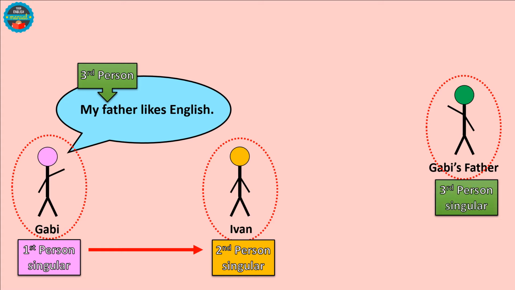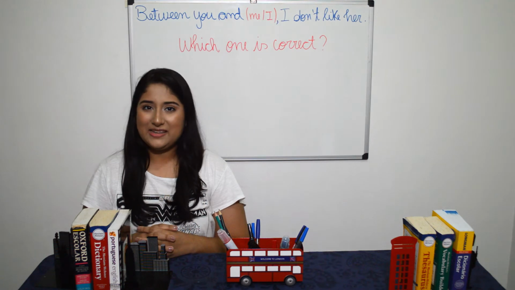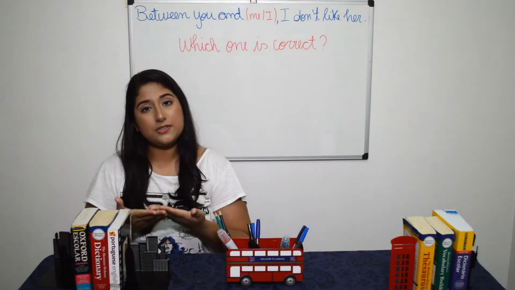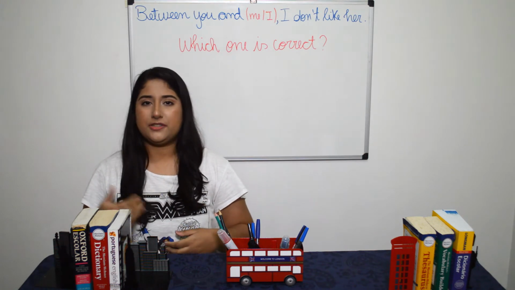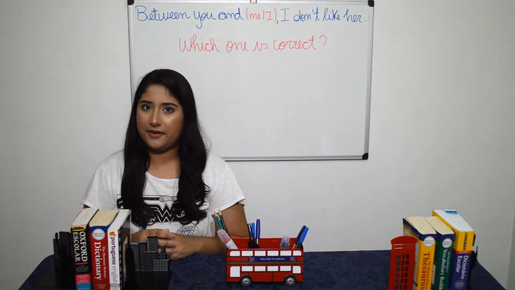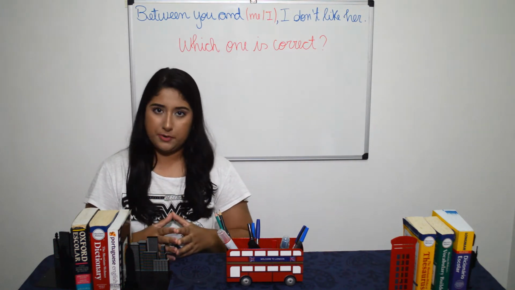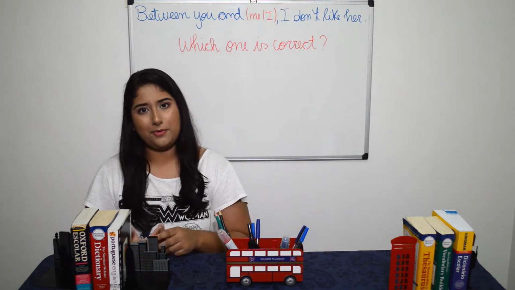So far so good, right? In the example we gave, the first person I, the second person you, and the third person he are all singular, aren't they? But the one who speaks, in other words, the first person, can be part of a group, right?